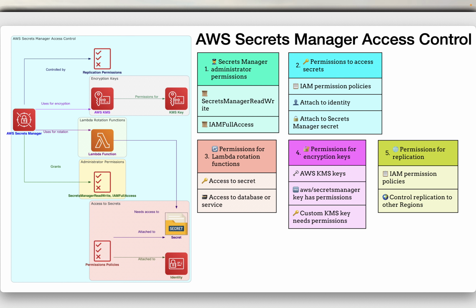So to summarize, let's say you have a root account. First, you will create some admins to basically give them ownership or delegate them, so they will be able to create secrets and all. You will give them two permissions: Secrets Manager read and write, and IAM full access. From that point onwards, they will attach proper permission policies to identities, which are basically users, groups and roles, and they will attach policies to the Secrets Manager secret.